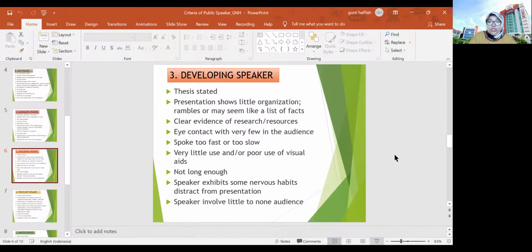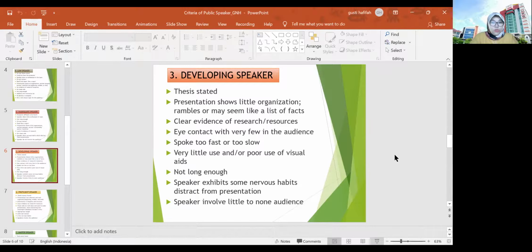Yeah, there is structure of your content. If the speaker shows clear evidence of research and resources, and you have eye contact with very few in the audience, so trying to engage with the audience, even though just a few times during the presentation, it will help you.